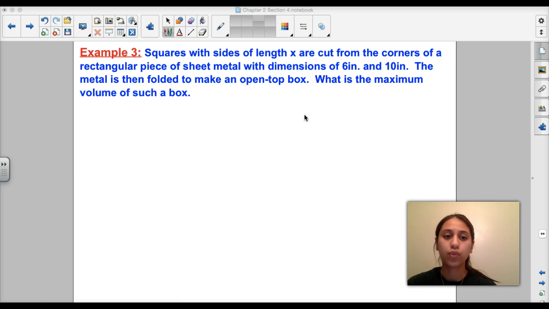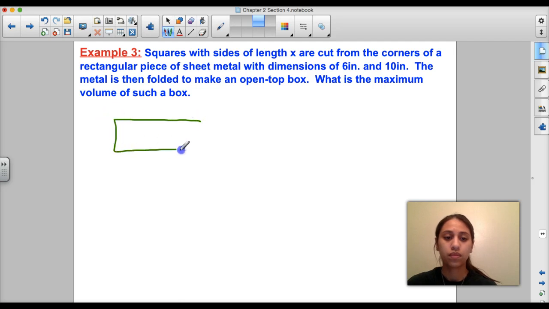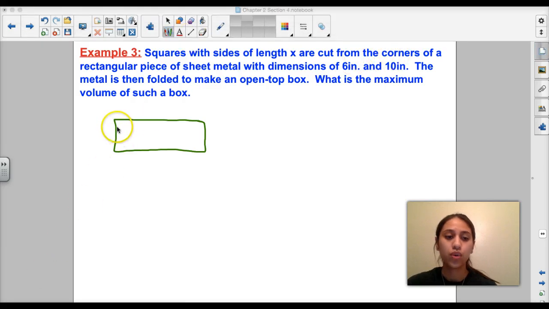Okay, so we have a rectangular piece of sheet metal. So I'm just going to draw that here. Then the first thing it said is squares with sides of length x are cut from the corners. So in the corners, I'm just going to draw a box of what would be cut out, and there's squares.